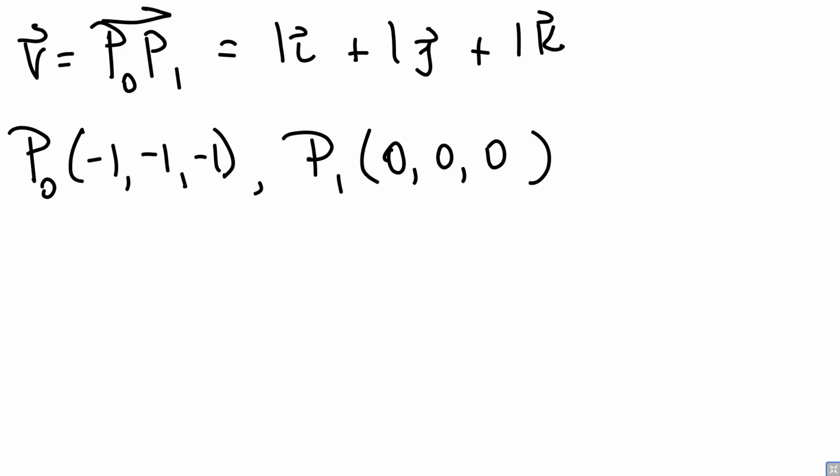Now I've created a second vector. With this vector, I need to find the unit vector. Our unit vector is going to be vector v over the norm of vector v.